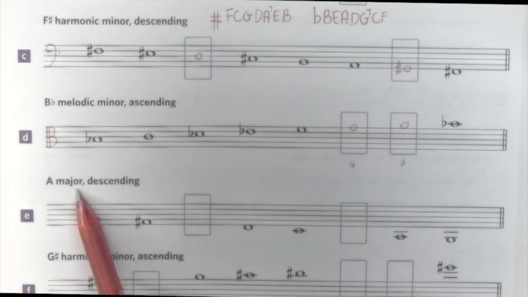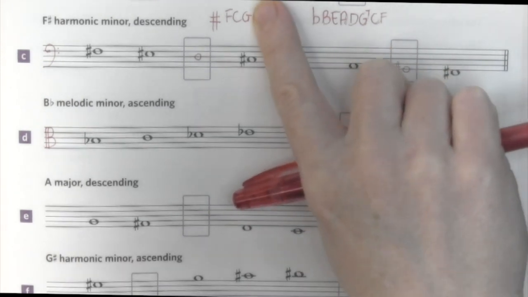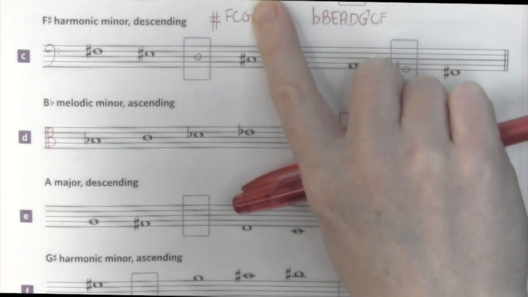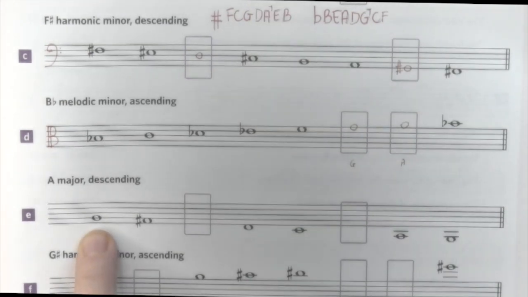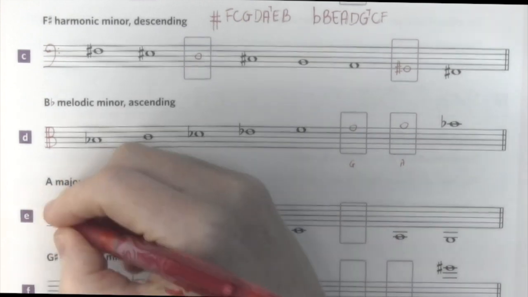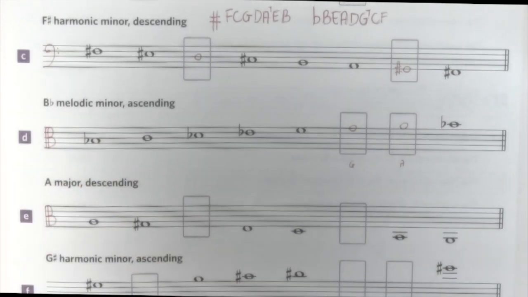A major has sharps. A minus 1 semitone is G, and G is the last sharp in the key signature. So we have Fa, Do, and Sol. In which clef will we read this note? A. Well, this is G plus 1. So in the alto clef. Here you go.